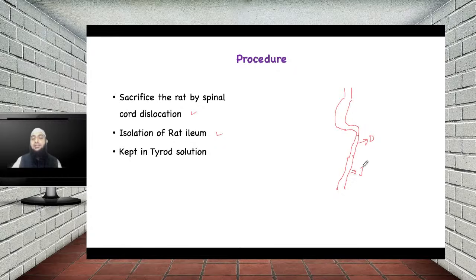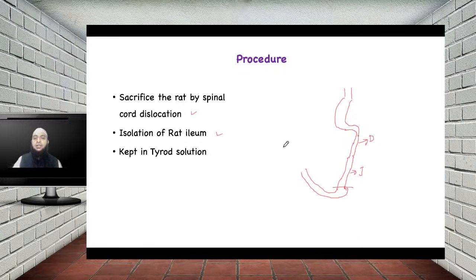I am writing jejunum as J. And after the jejunum, you can easily identify it if you isolate the tissue. There is a last portion that connects with the large intestine. So the intermediate portion is called the jejunum, and the last or lowest portion of the small intestine is called the ileum.